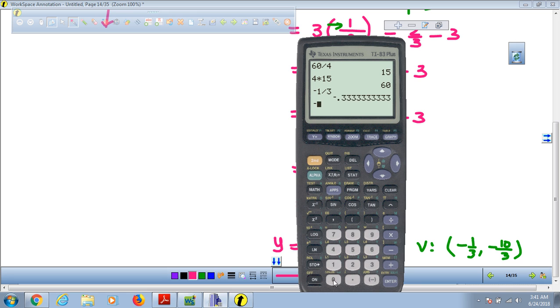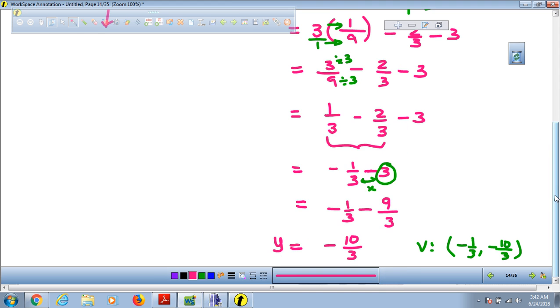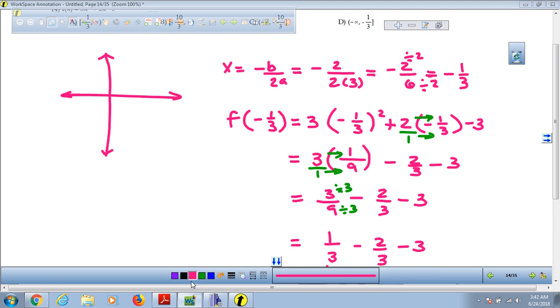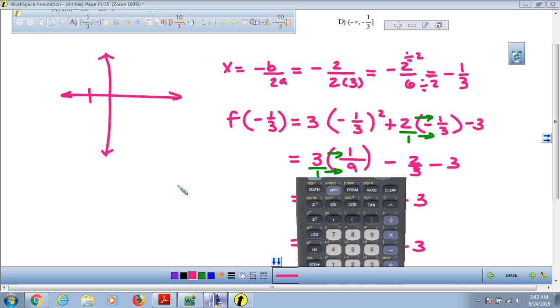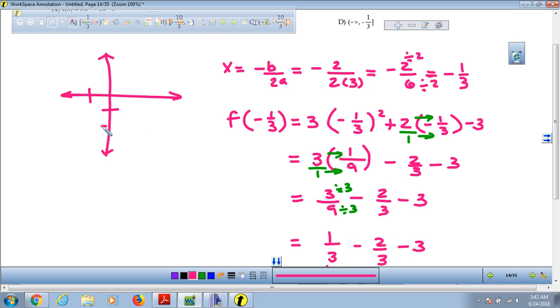Negative 10 over 3 is negative 3.333. So roughly, my vertex would be at negative 0.33 with negative 3.333, more or less right there.